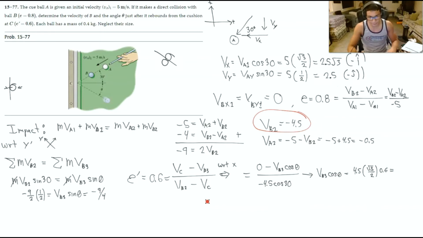Okay. And that's the same thing as 9 times 0.6 times square root 3 all over 4, which is the same thing as 5.4 square root 3 divided by 4. Again, just trying to conserve my decimals here. This is VB3 cosine theta.